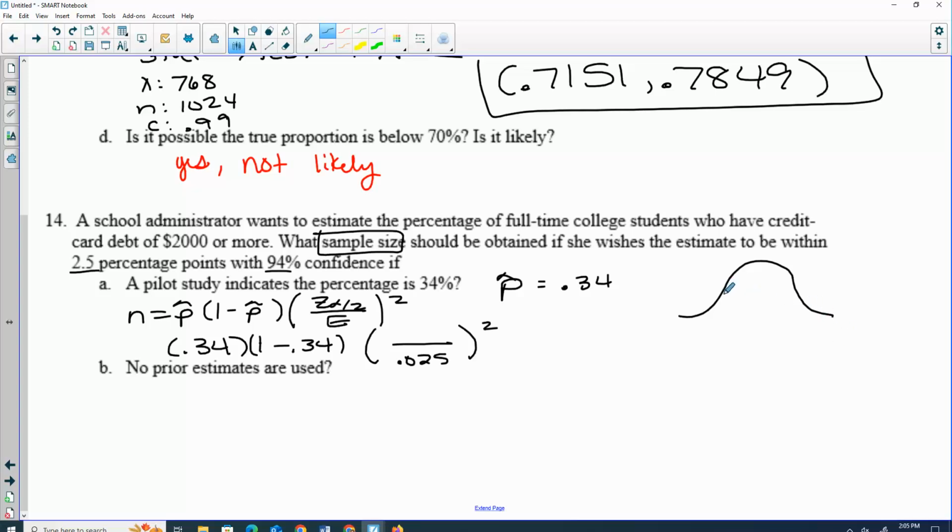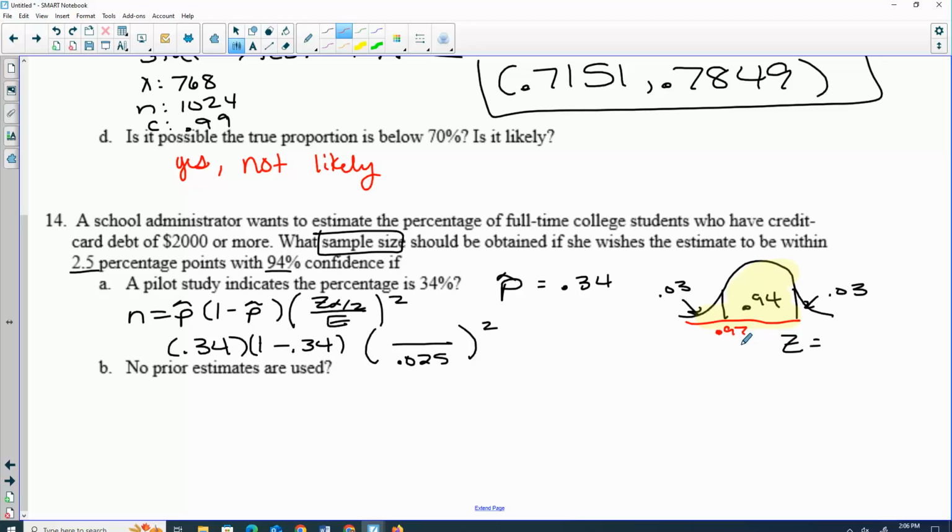The Z, we are going to have to use our table to find the Z. We are talking about a confidence interval, so we want 94% to fall in the middle. So we have 6% left, right? 3 for each end. We are looking for this Z right here. So if 3% is to the right, how much is to the left? This is 97%.